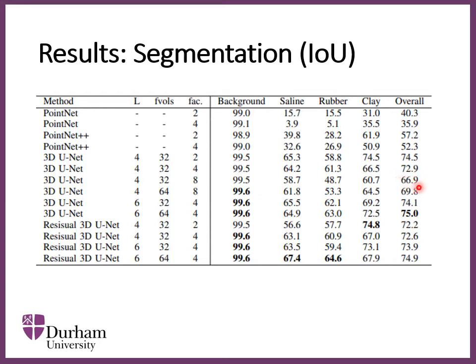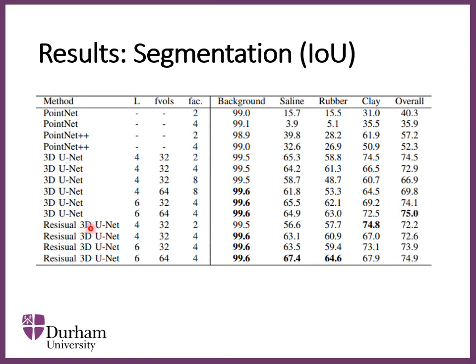And then we try to use a large number of feature volumes for the 64, and the performance can actually be improved. And then we use 6 levels, and with these 2 combinations we can get very good results.